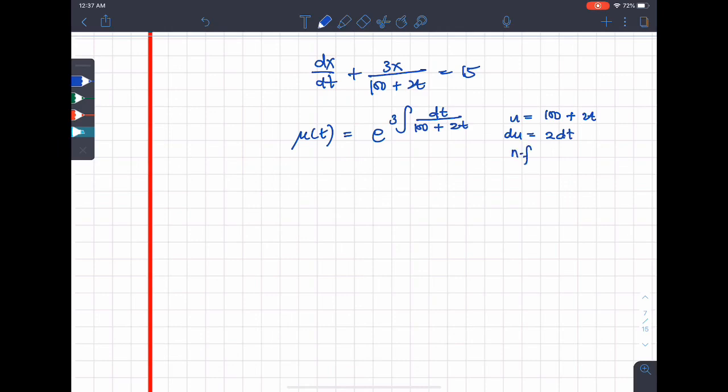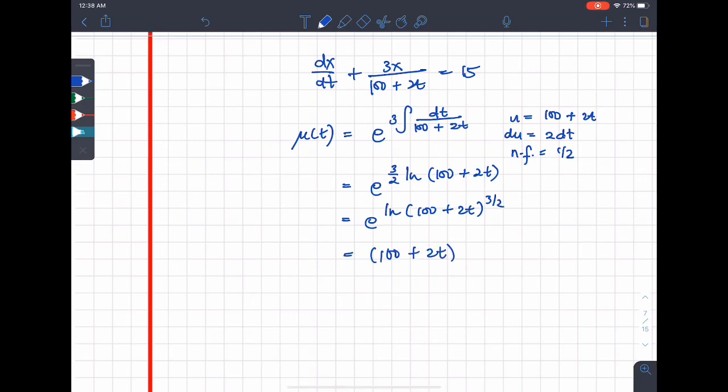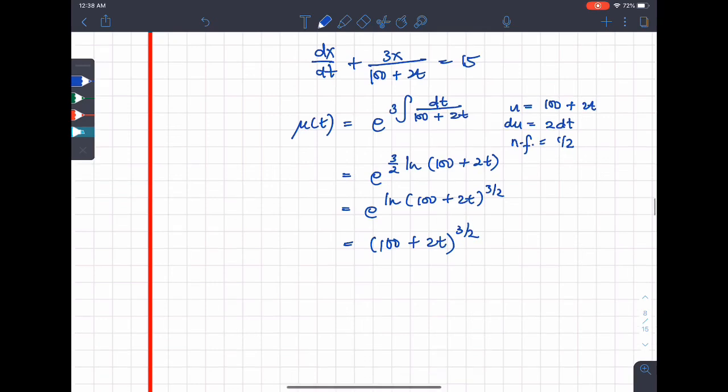Our factor then would be 1/2, or simply e raised to 3 over 2 ln of 100 plus 2t, or e raised to ln of 100 plus 2t raised to 3 over 2, or 100 plus 2t raised to 3 over 2.